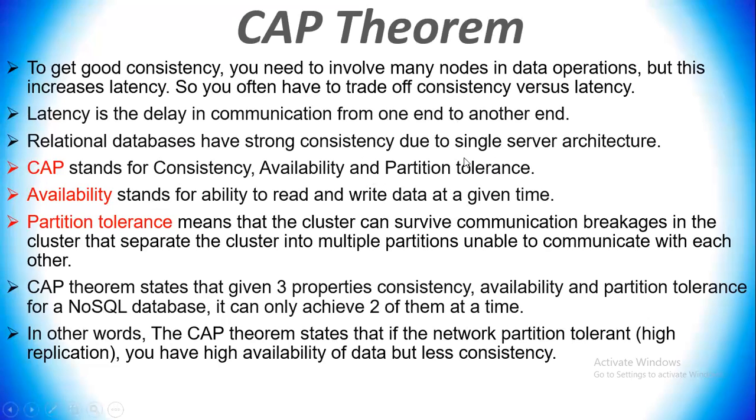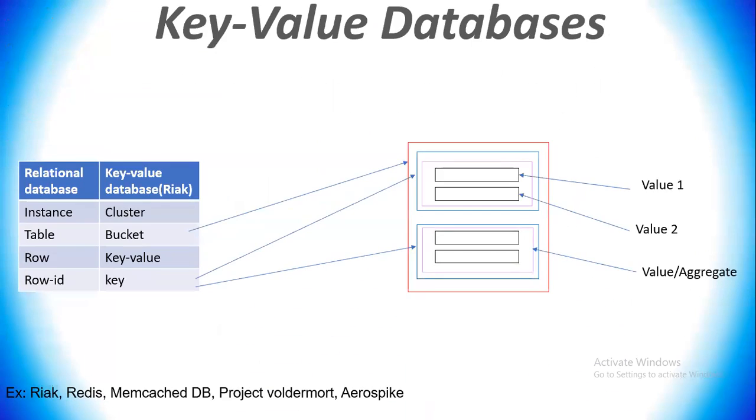Partition tolerance may be high or low, depending on how the data is distributed, whether it is distributed across the whole cluster or across a minor number of nodes within the cluster. So that depends on the way the sharding has occurred. That is complex, right?